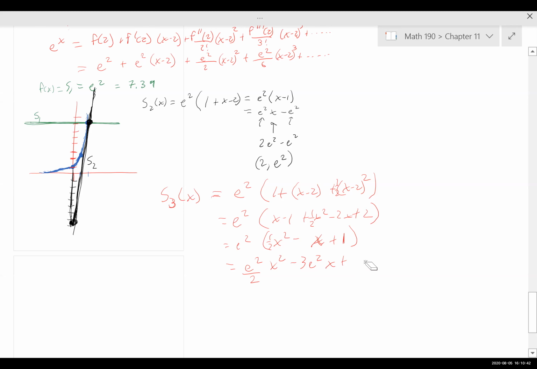Yeah, so this becomes e squared over 2 x squared minus e squared x, that's good. Plus e squared. Okay, think about this for a second.